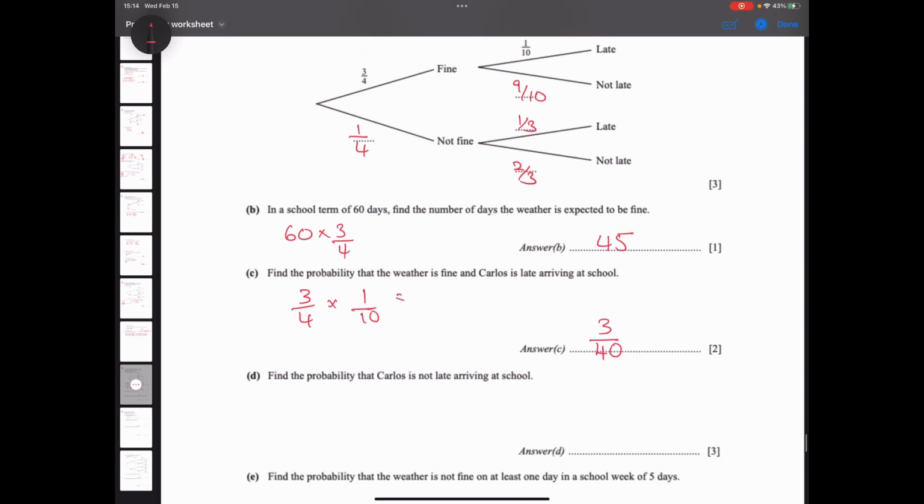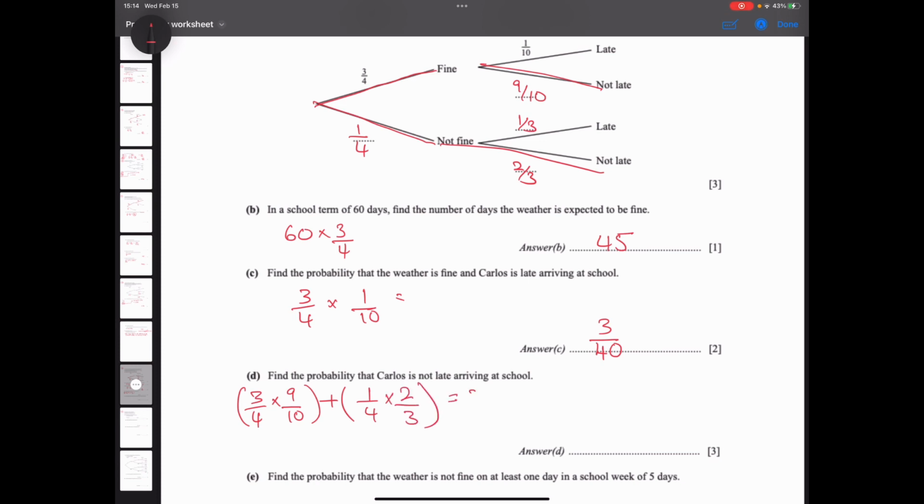Find the probability that Carlos is not late to school. Not late can either be fine, then not late, which is 3 over 4 times 9 over 10, or not fine and not late, which is 1 over 4 times 2 over 3.